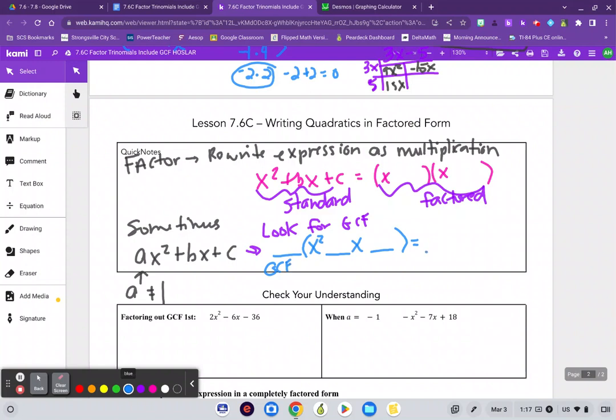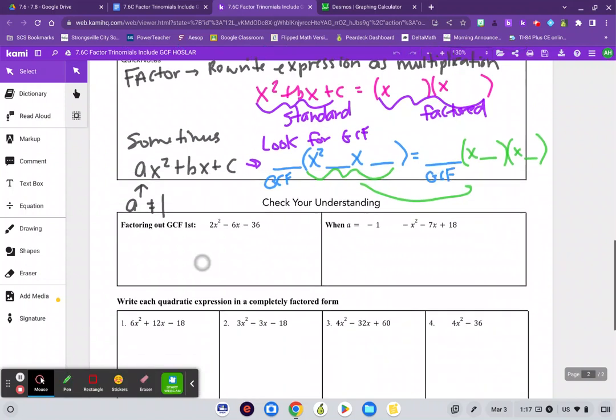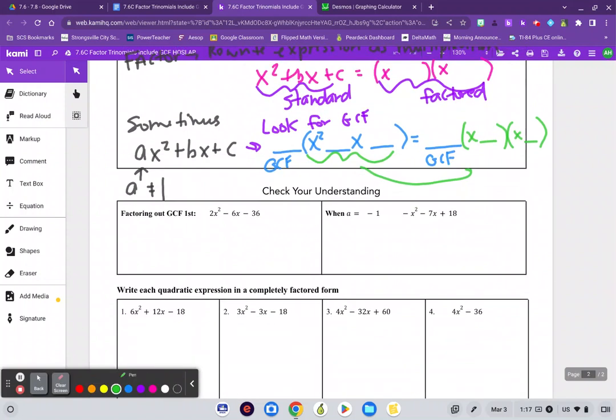And I'm going to break that down even further so that I have my GCF, but I'm going to take this and I'm going to split it into those two groups, where I have this x and x, and then plus or minus some numbers, okay? Okay, so let's take a look at 2 examples, and then I will let you practice.